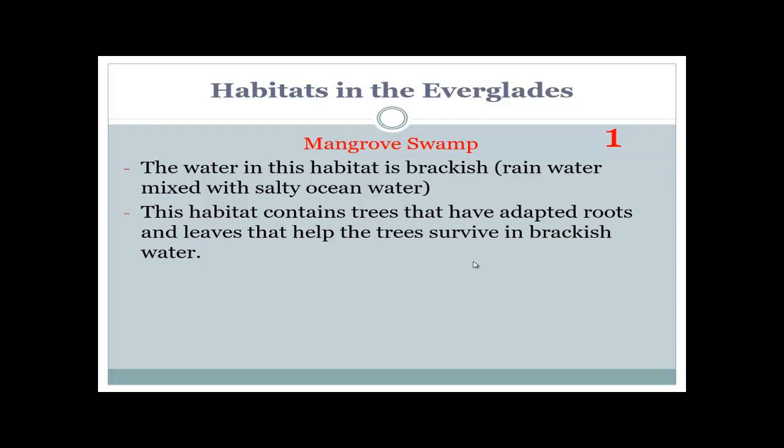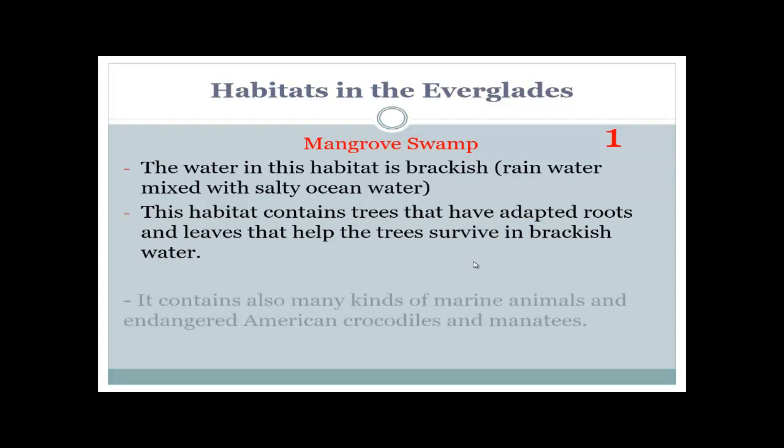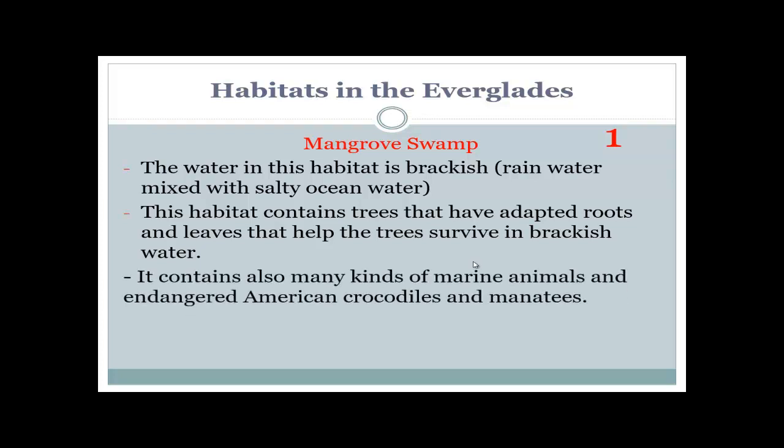How would the trees survive in this water? They have special roots and special leaves that help these trees survive in this kind of water. It also contains many kinds of marine animals, sea animals, and endangered American crocodiles and manatees.